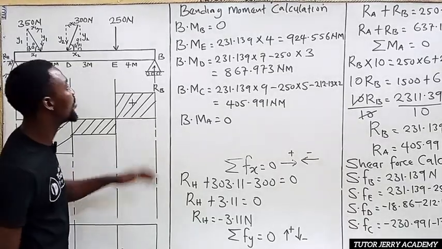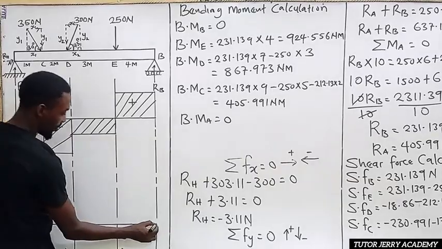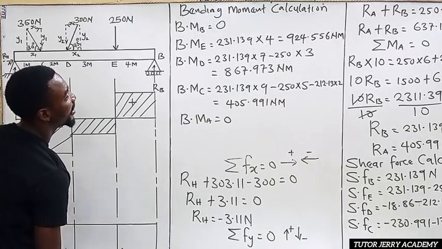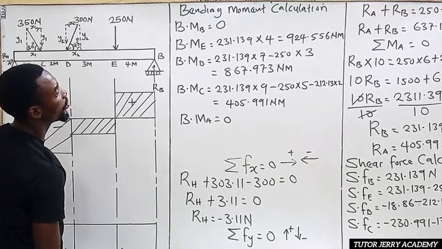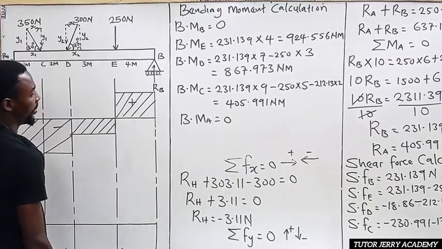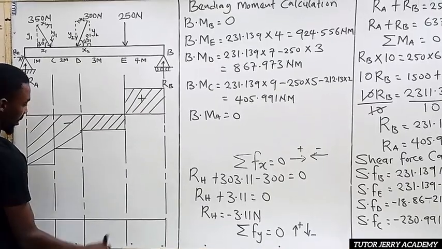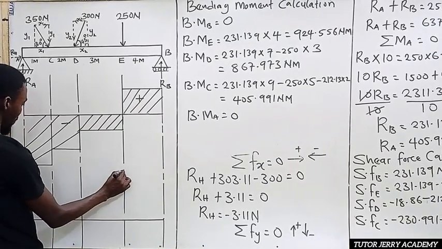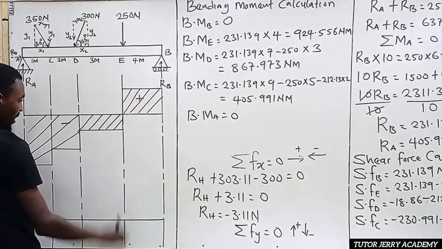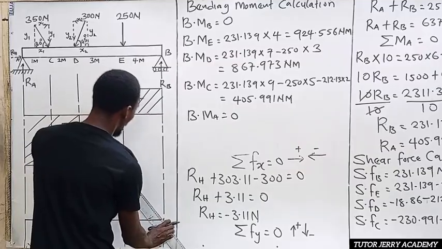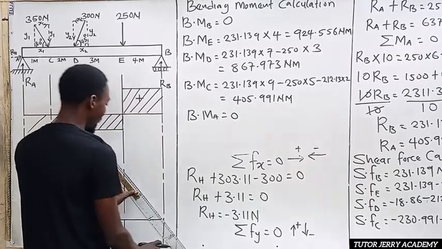So for the bending moment, at point B, we have 0. All right, at point E, we have 924.55. I think that is the highest number that we have there, so it's going to be at this point. All right. So we are going to be using an inclined line to join these 2 points because we have a constant line here.